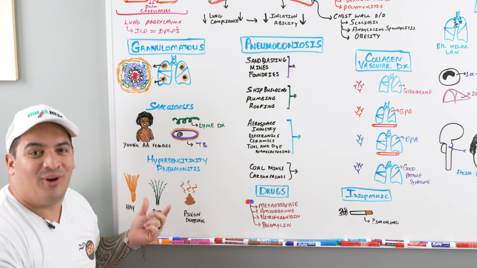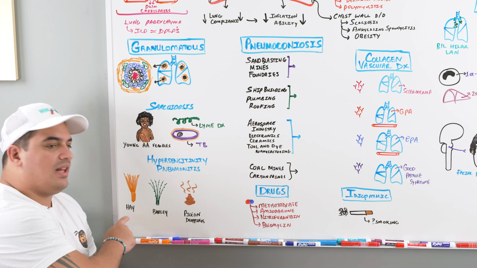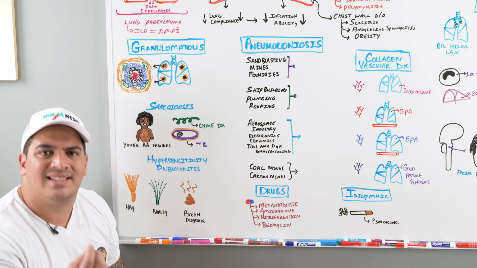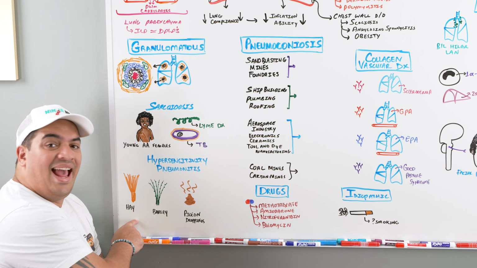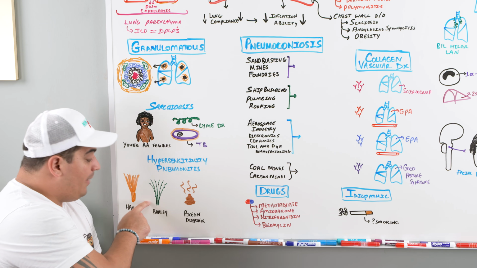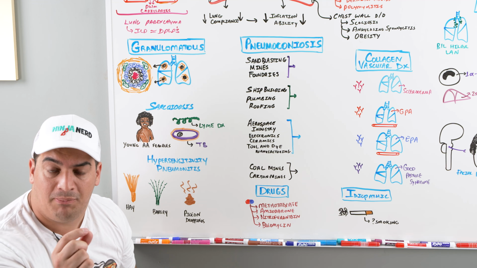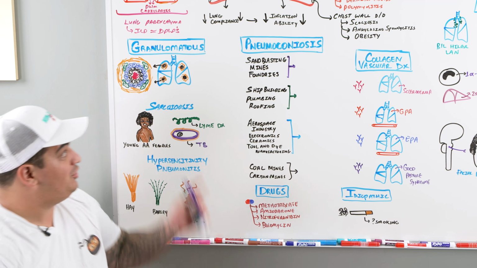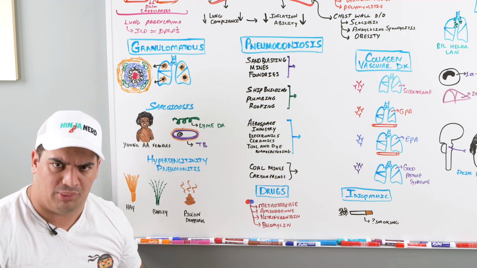If it's a farmer, this is the big one. Think about farmer's lung. Sometimes we see this in patients who are exposed to lots of spores from actinomycetes, or other situations like exposure to hay, barley, the organic dust in the hay and barley, or the proteins in pigeon droppings or feathers. These can trigger the granulomatous response you see in patients with these interstitial or diffuse parenchymal lung diseases.